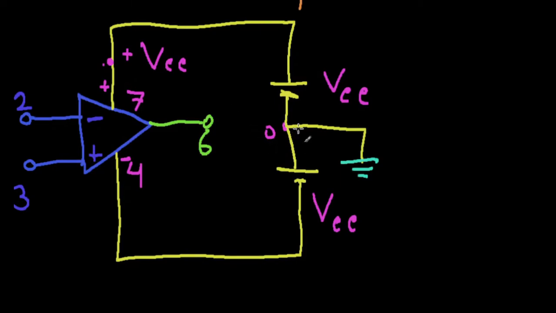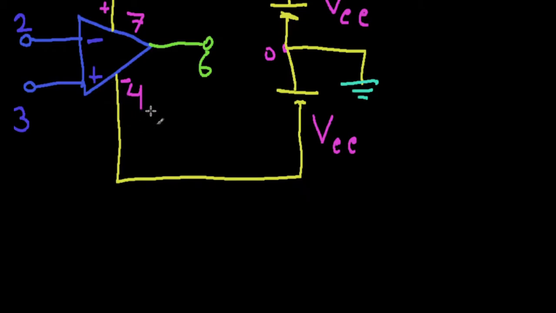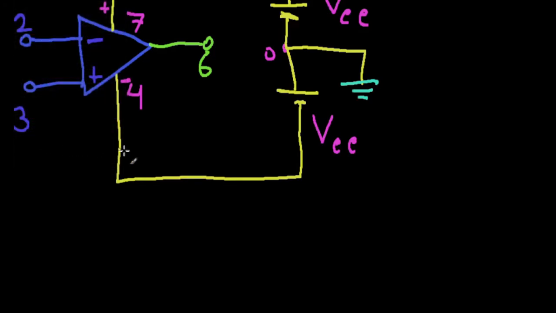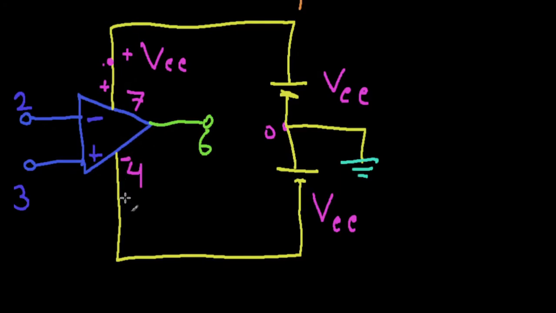But when you go from your ground to pin 4, this power supply terminal, your cell is in the opposite direction, the opposite polarity. So the voltage here is going to be negative VCC. That's why this is the positive one and this is the negative one.